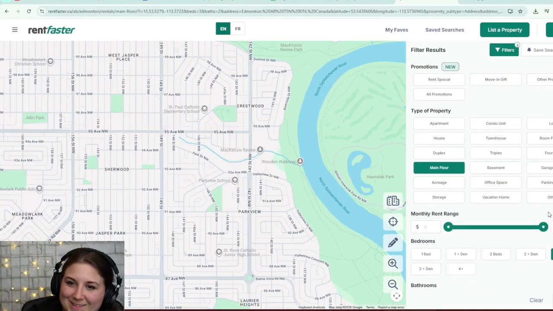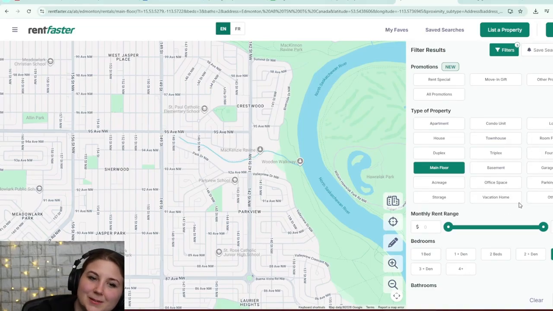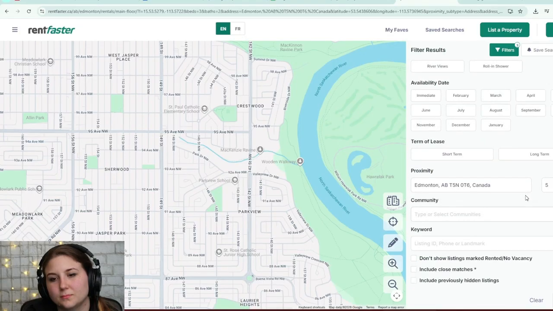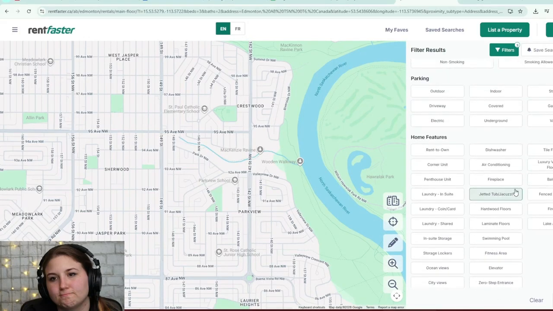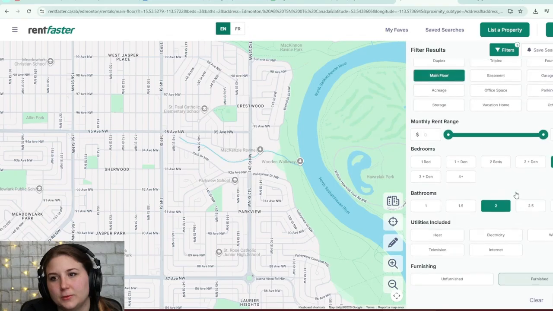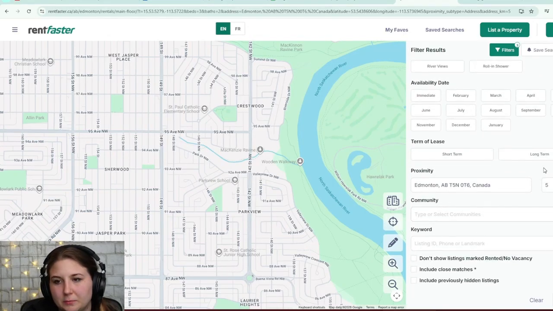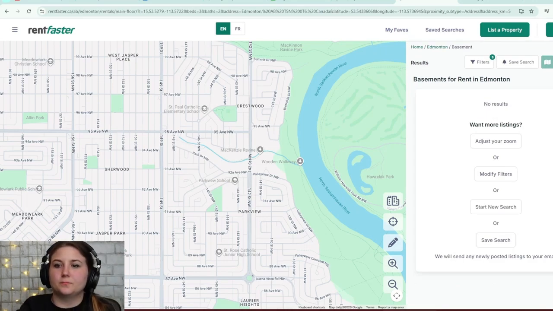Okay, 3 beds, main floor. Oh, we're so close. So close. Three beds, 2 baths, main floor, with the same postal code. Okay, search.